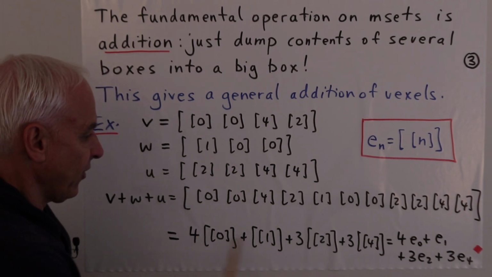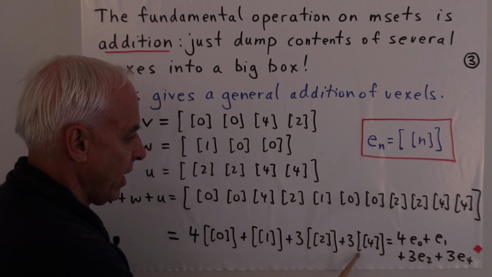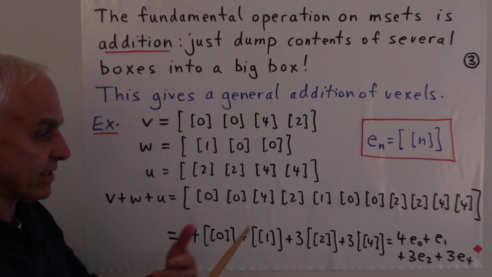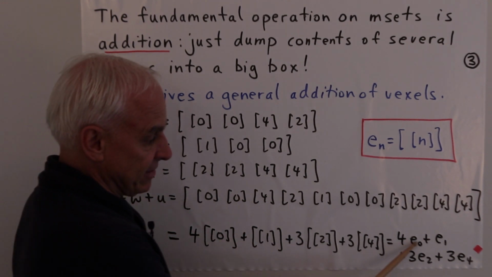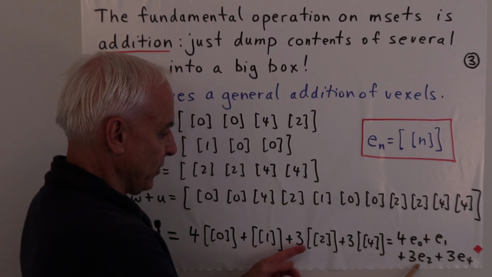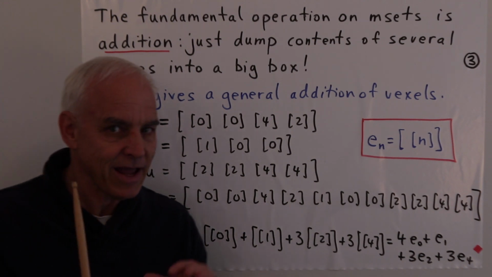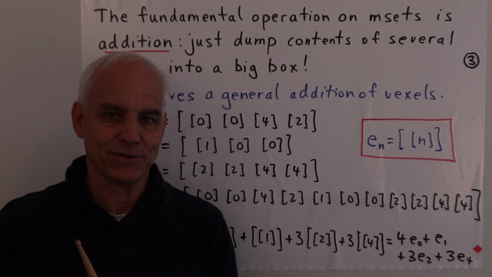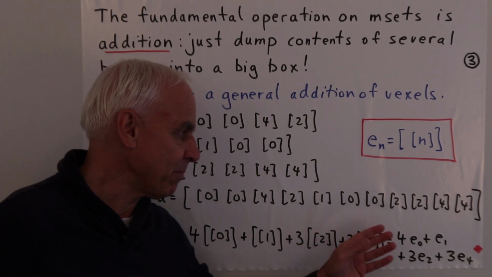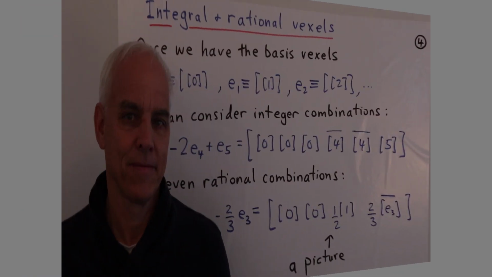And this thing here is E0, this is E1, this is E2, and this is E4, so we can write V plus W plus U as a linear combination of these basis vexels, 4E0 plus E1 plus 3E2 plus 3E4. So we have a little algebra of vexels. We can add them, we can take linear combinations, we have particularly pleasant basis vexels.